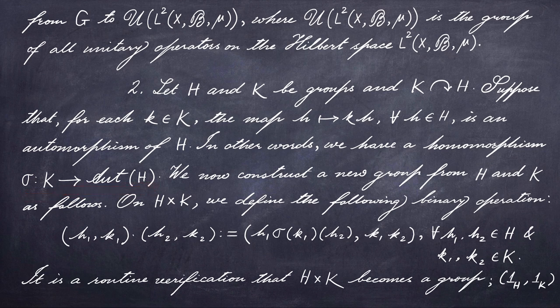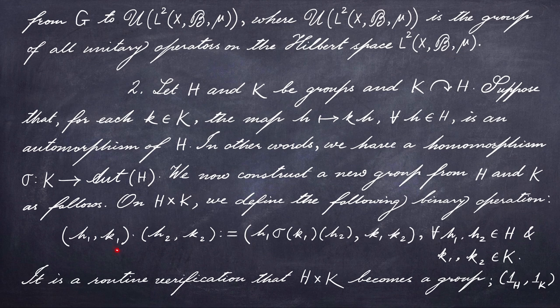If we are given a sigma, then we can construct a new group from this given H and K. Our underlying set is going to be the Cartesian product of H and K. We define the following binary operation.